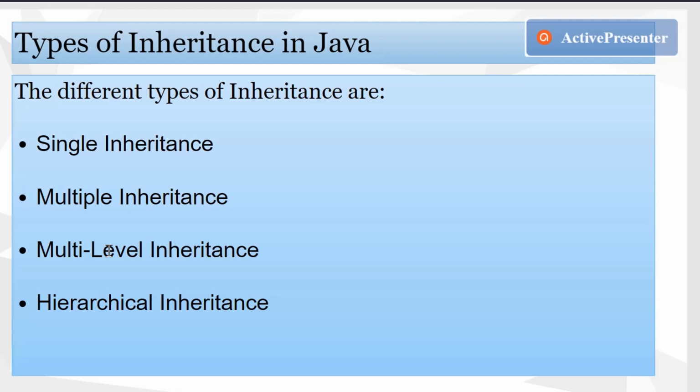In multi-level inheritance, a class is derived from a derived class. And in hierarchical inheritance, there is one superclass and many subclasses. We will learn about it in more detail in the next video.